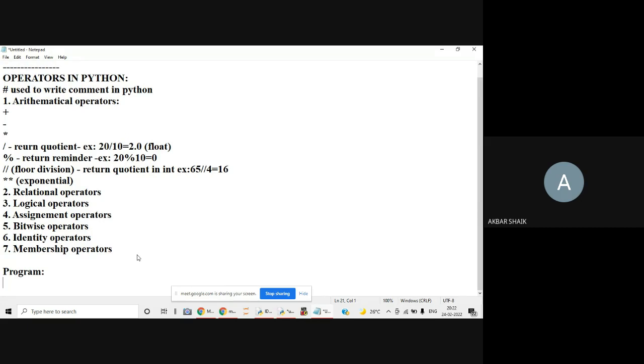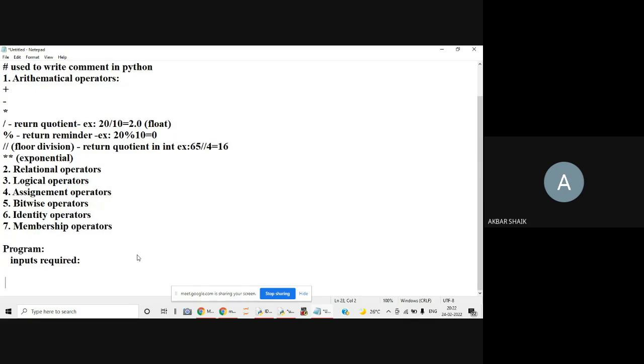First, you should know what the input is. What inputs are required? Next, the output. What is the output we are going to get? In between the inputs and output, we have an important thing, that is the logic. You have to think about this logic.